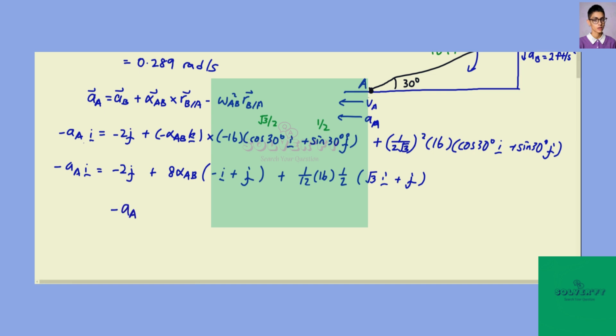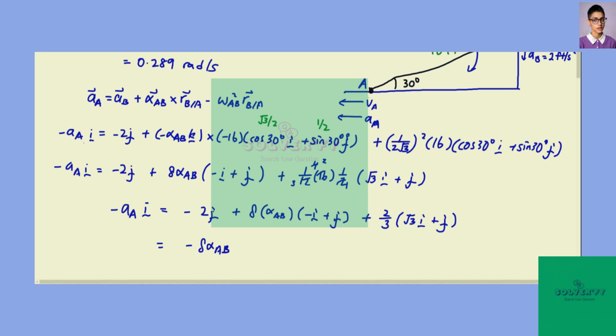So just continue. This is minus 2 J plus 8 alpha AB times minus I plus J, plus 2/3 root 3 I plus J. Group the like terms together.